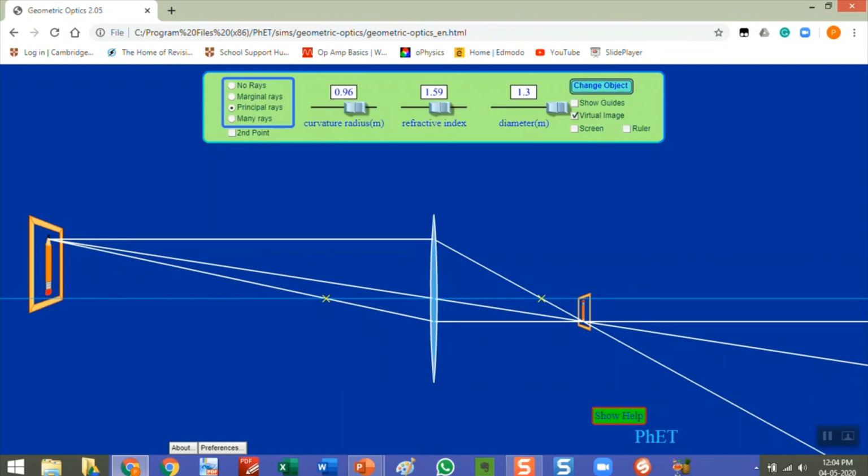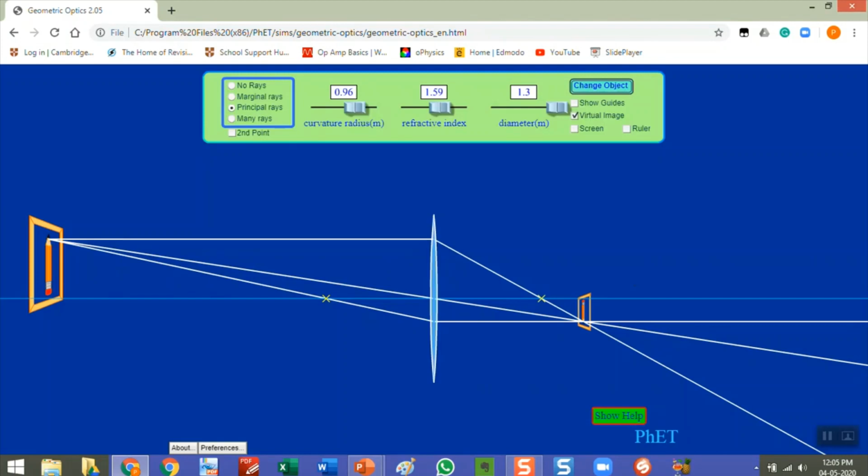When the object is far away from the lens, more than twice the focal distance, we will find an image that is reduced in size. The image is upside down. We call that an inverted image, and it is a real image because real rays come together to form that image. These rays are actually there.